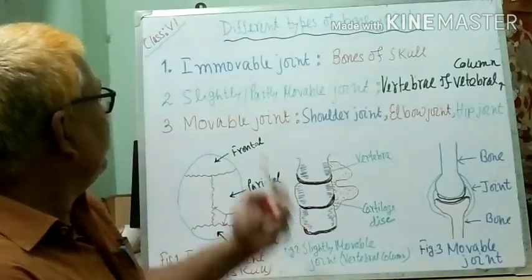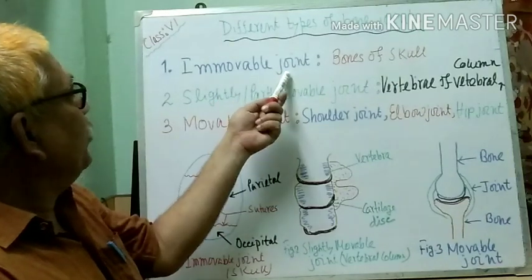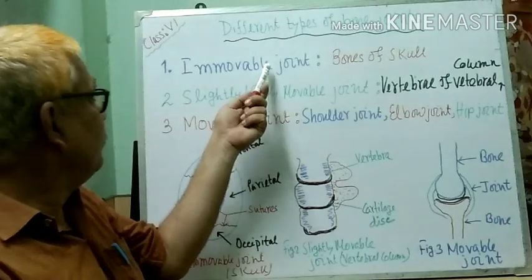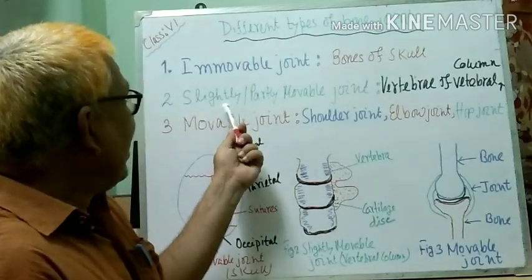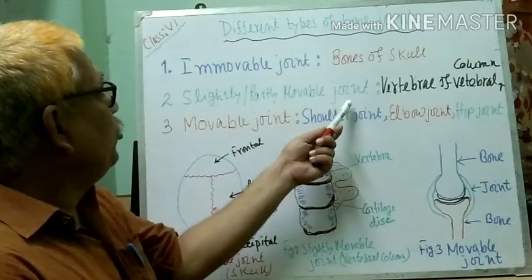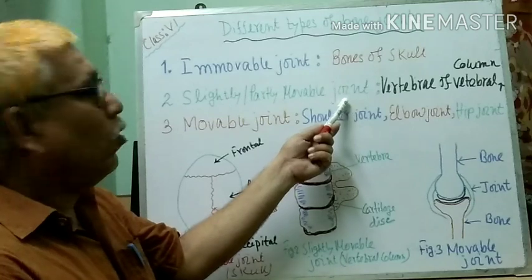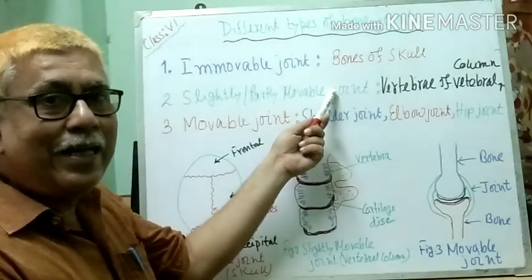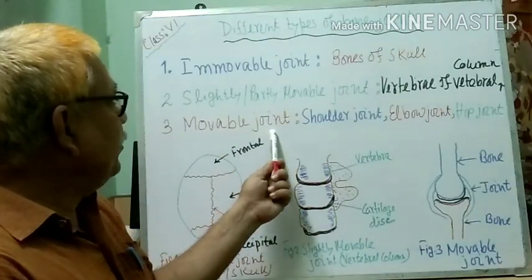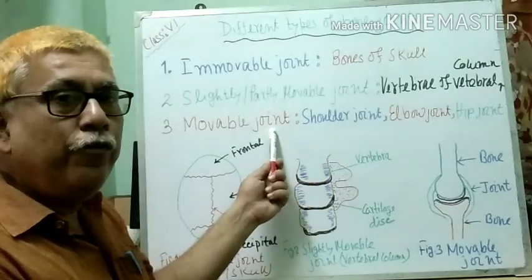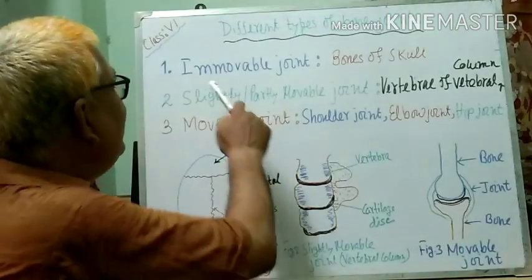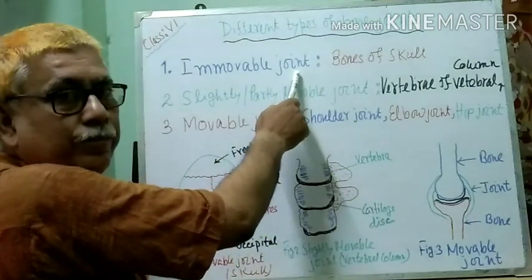They are: immovable joint or fibrous joint; second, slightly or partly movable joint, or cartilaginous joint; and movable joint or synovial joint.